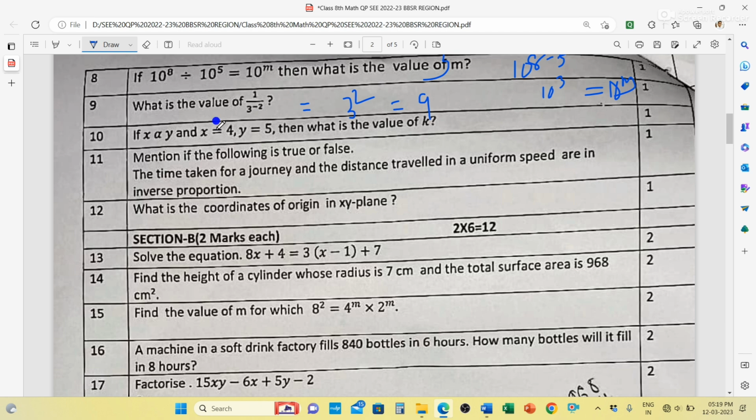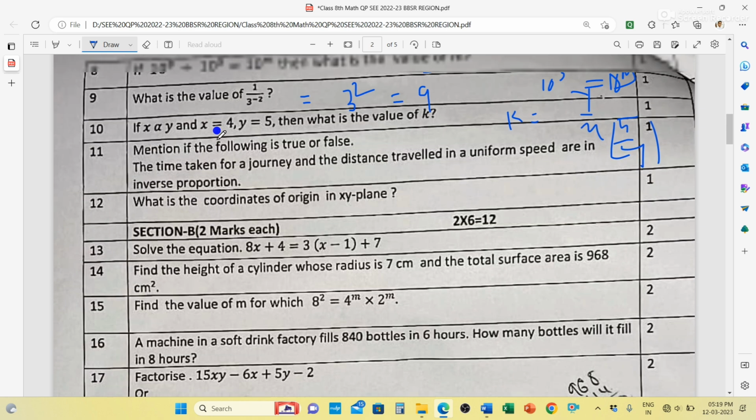Next, if x proportional to y and x equal to 4 and y equal to 5, then what is the value of k? If x proportional to y, then k equal to y by x. So y equal to 5 and x equal to 4. So 5 by 4.